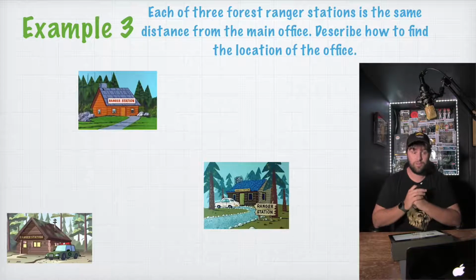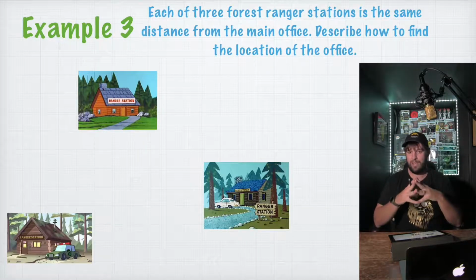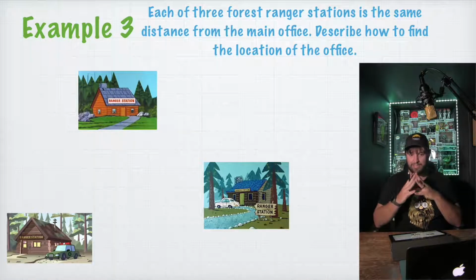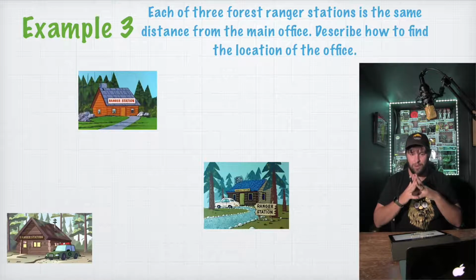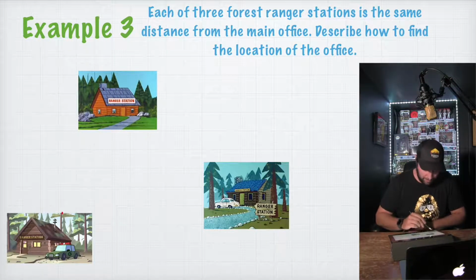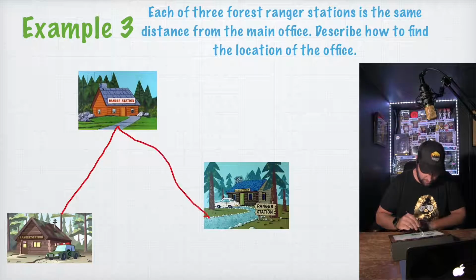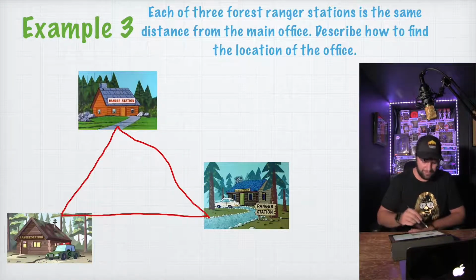Well, we're going to use theorem 5.4, the concurrency of perpendicular bisectors theorem. If we draw the perpendicular bisectors of the 3 sides, those 3 lines meet at the point that is equidistant from all of the locations. Real quick, let me draw a triangle here to give you an idea of what we're talking about. Obviously, this is going to be a rough drawing.